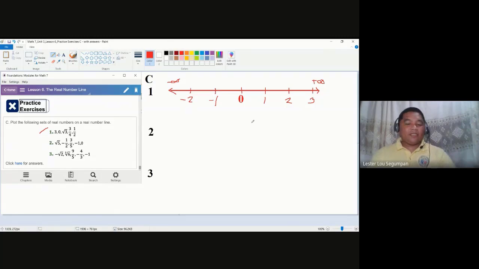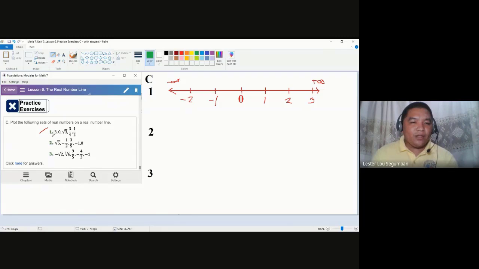It doesn't matter if it reaches -3 or not, as long as you are using the same scale by a multiple of 1. So we can now place them one by one. But we could also use the relationship drawn from the previous activity, as we have arranged all these numbers in ascending order, meaning from the real number with the smallest value to the largest value.